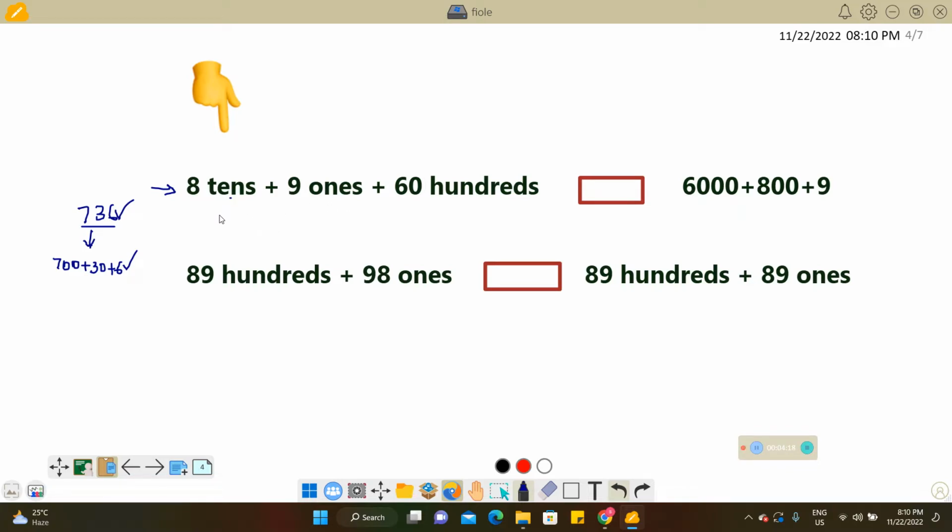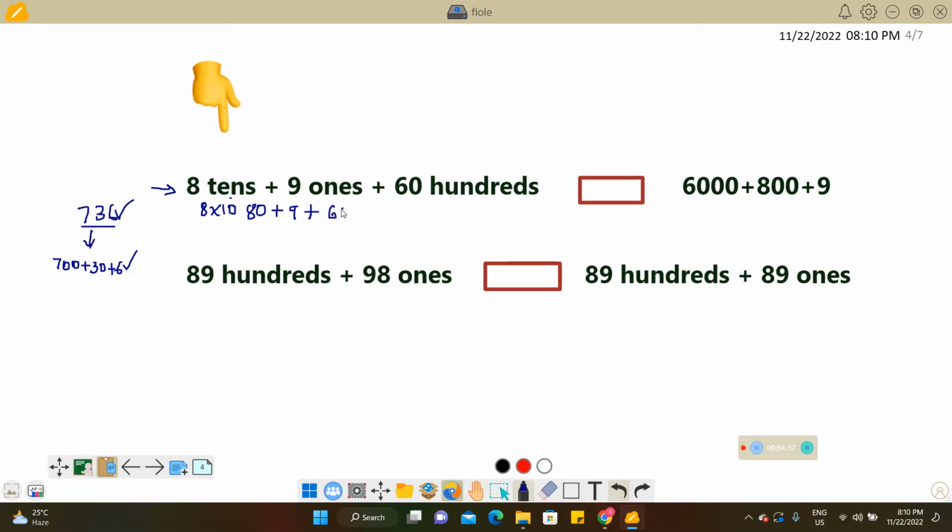They said 8 tens. What is 8 tens equal to? 8 tens is nothing but 80, plus 9 ones is nothing but 9, and 60 hundreds. Here is a tricky question. What is 60 hundreds?